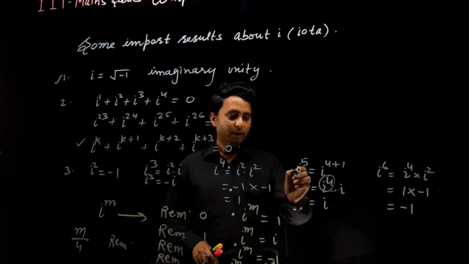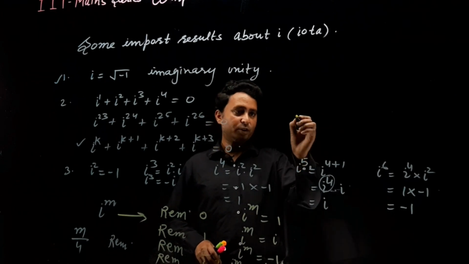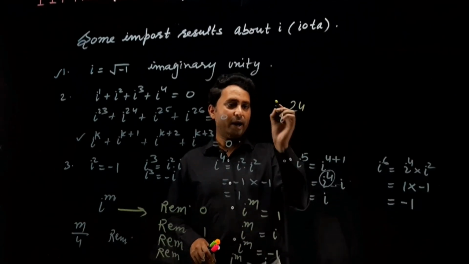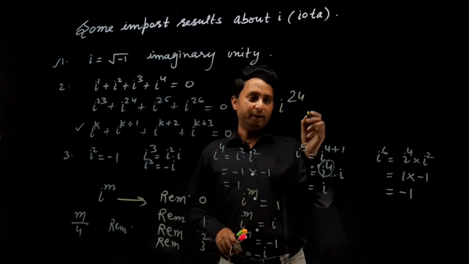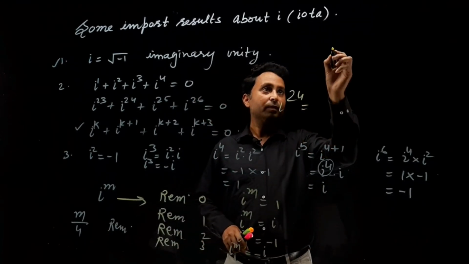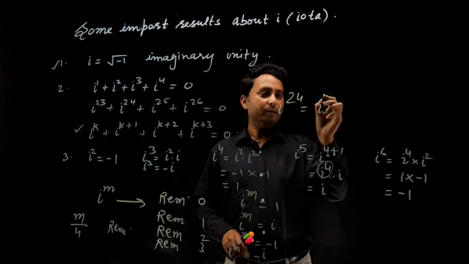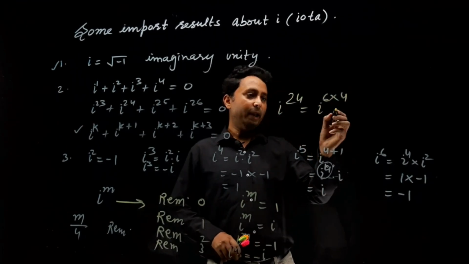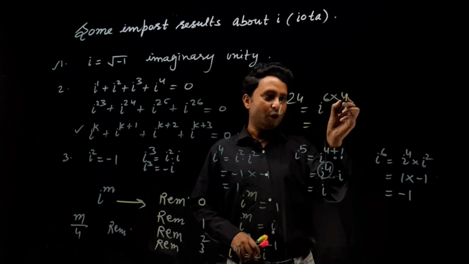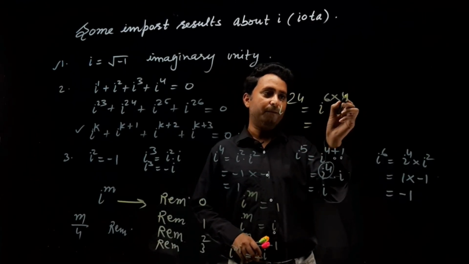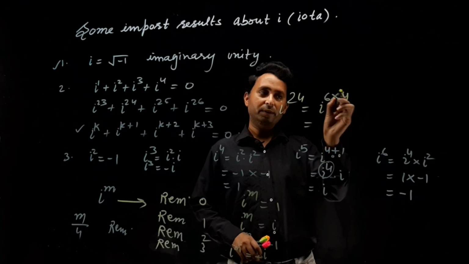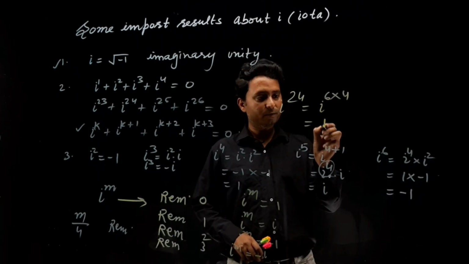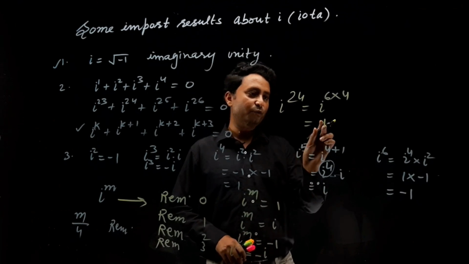You can see here, suppose you are given iota to the power 24, then this can be written as iota to the power 6 multiplied by 4. This is a multiple of 4, therefore the remainder will be 0 and the value of this number will be 1.